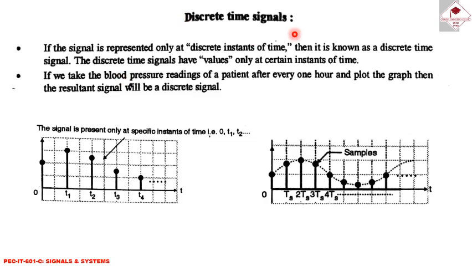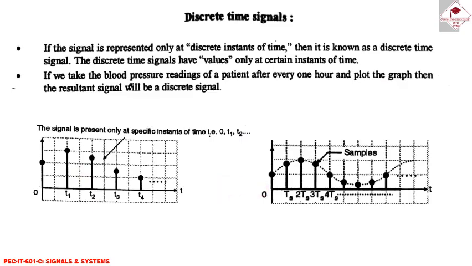Next is discrete time signal. If the signal is represented only at discrete instants of time, then it is known as a discrete time signal. A discrete time signal has value only at certain instants of time. If we take the blood pressure reading of a patient after every 1 hour and plot the graph, the resultant signal will be a discrete time signal, and this is its graphical representation.